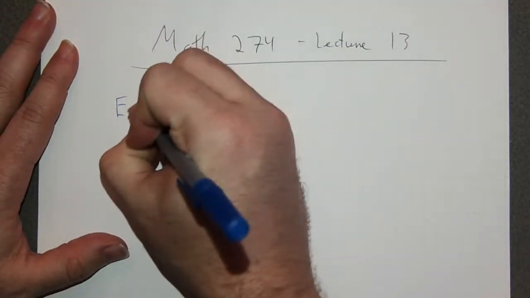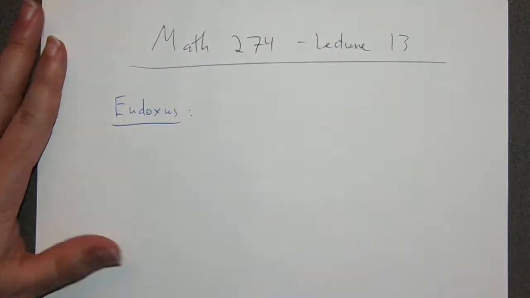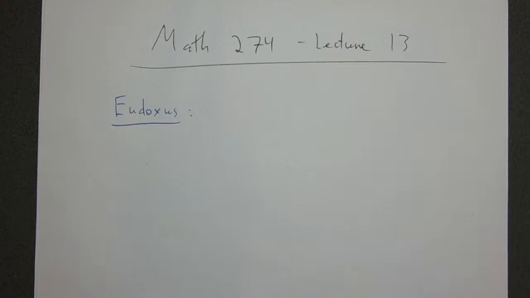He had several notable contributions, both directly to Euclid's Elements in the form of books 5 and 12, but also in a fact that is also listed in the Elements, but that we've already mentioned, which is this fact about computing the area of a circle.